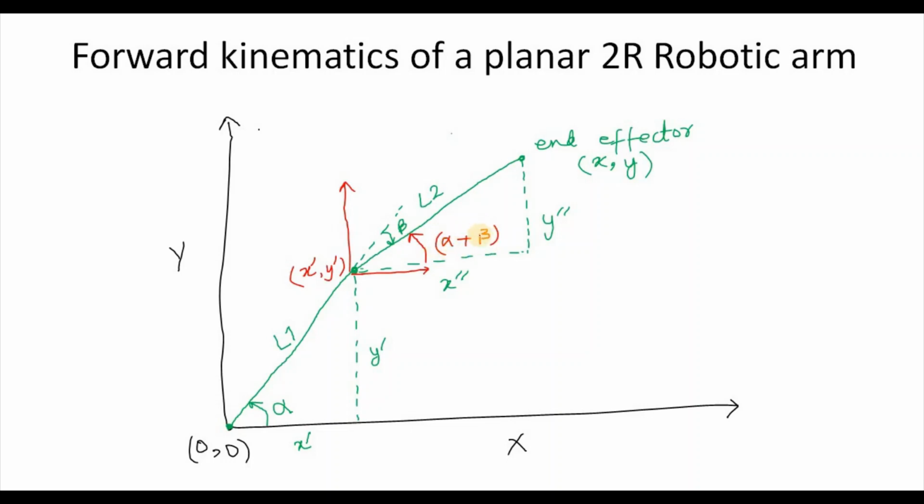Since beta is already negative, this angle will be subtracted from alpha. So we now have a right angle triangle, and using trigonometry rules we can calculate the values of x double dash and y double dash. So let's see.